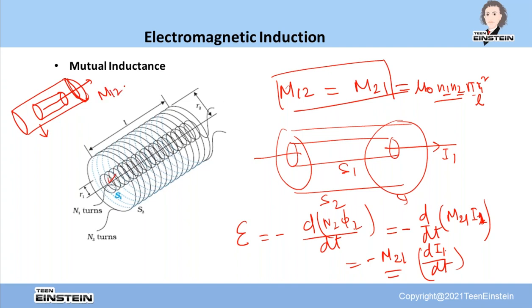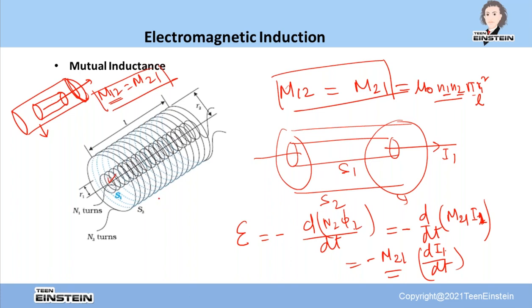So in that situation, this will come into the picture. This M12 is equal to M21, whether their size is the same or not, that doesn't matter here. So if you can get this mutual inductance value, then directly from here, even though their size is not the same, you can still find out the induced EMF in the outer coil due to the inner, or vice versa.